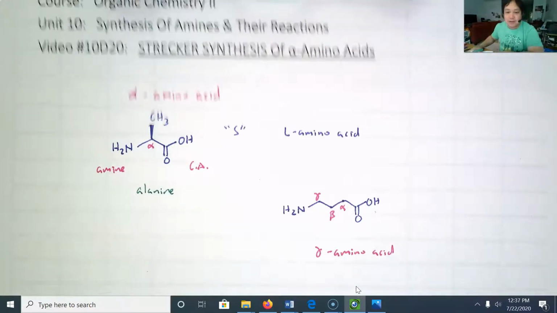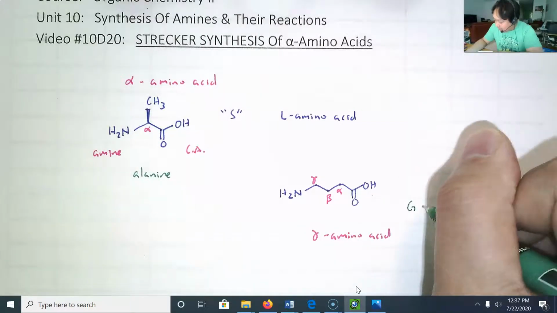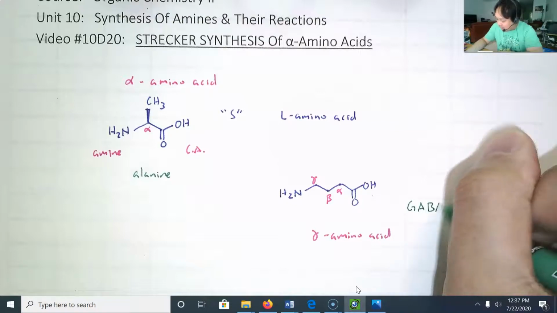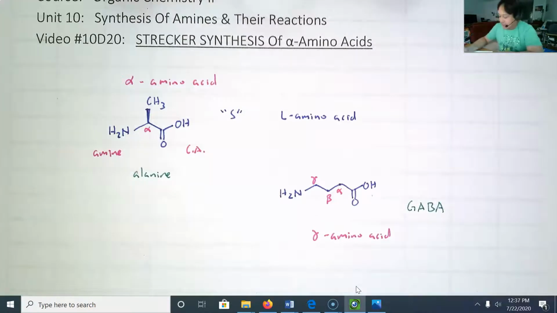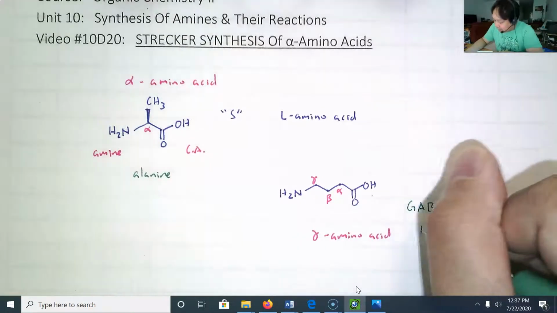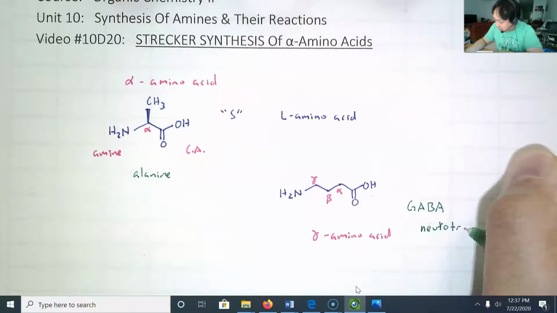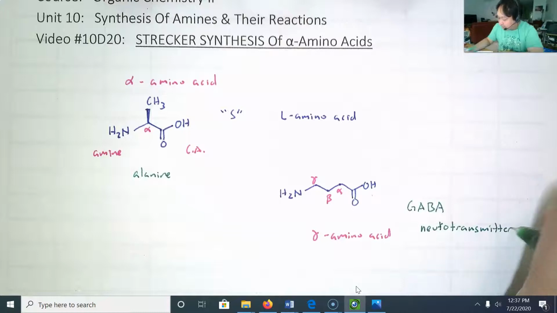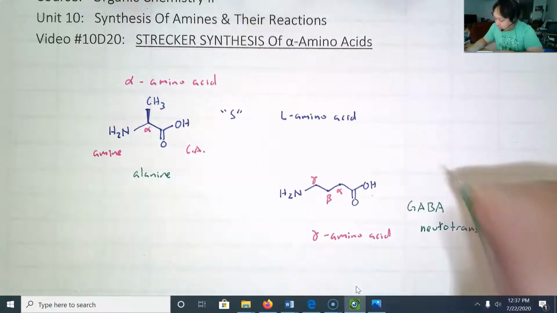You know what this is called? This is GABA. Gamma amino butyric acid. 1, 2, 3, 4. GABA is a neurotransmitter, a very important one. That was just totally by accident, but as long as we're here, it's a neurotransmitter that helps with coordination, muscle control.